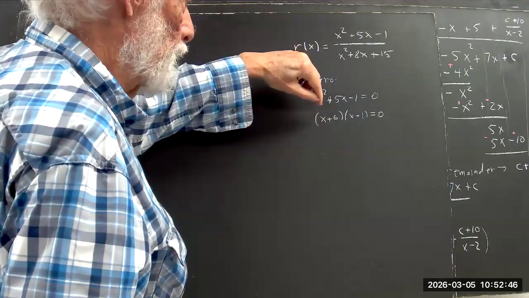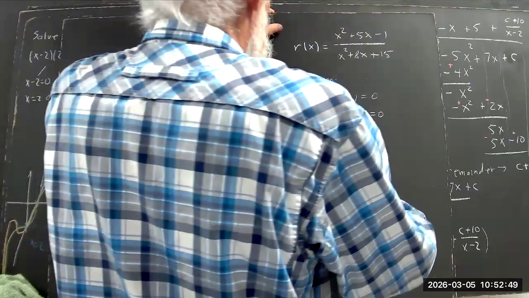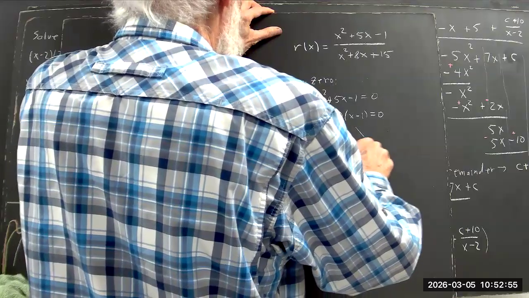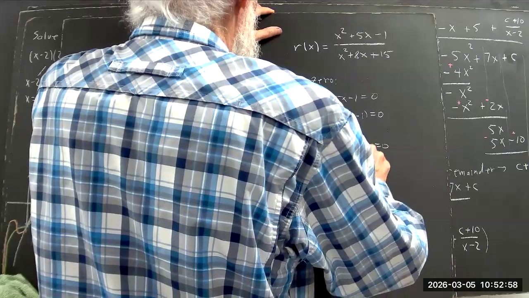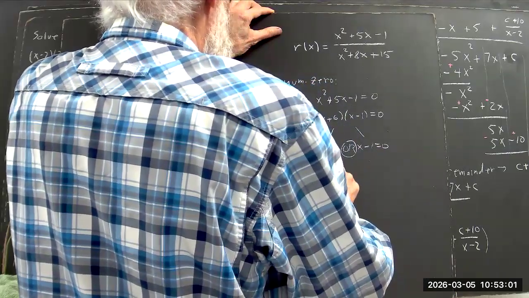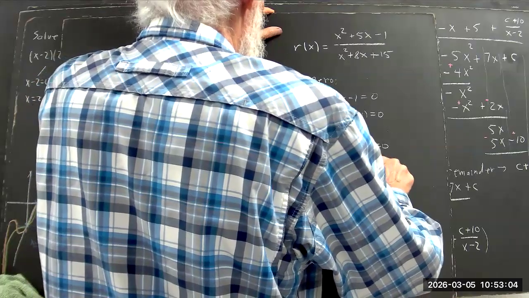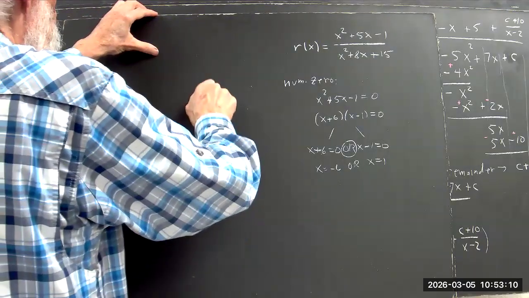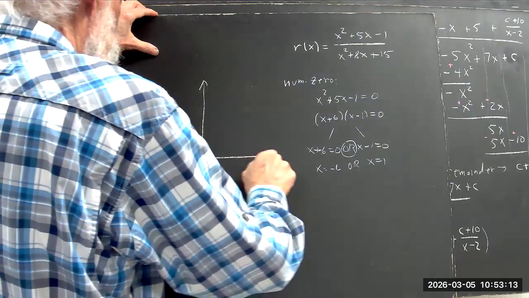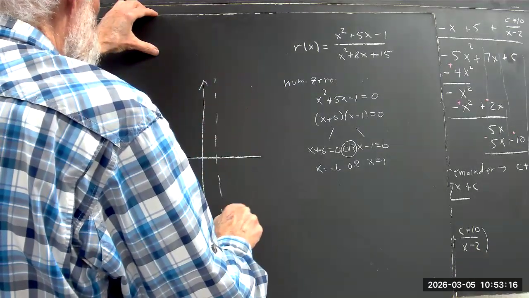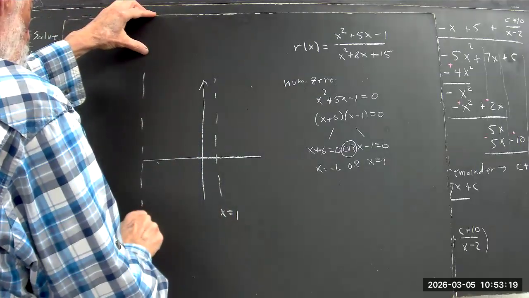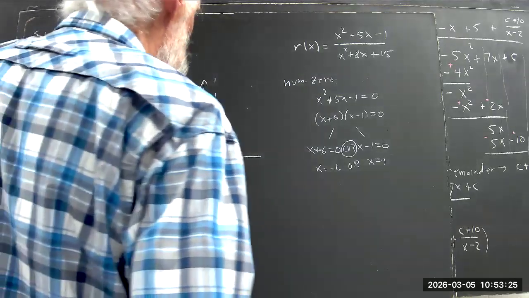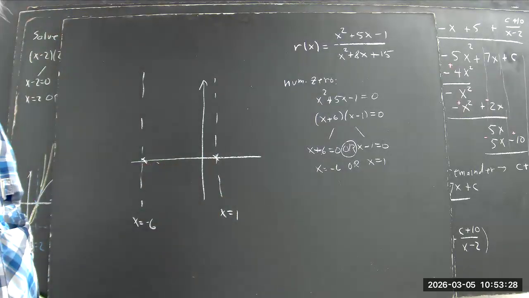X squared plus 5x minus 1 factors into x plus 6 times x minus 1. You got x equals negative 6 or x equals 1. So if I draw the x equals 1 line here, the x equals negative 6 line here, I have 2 points on the graph.